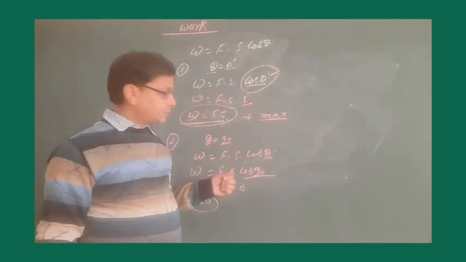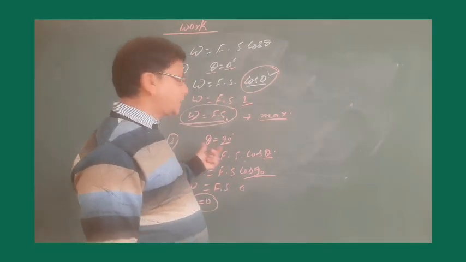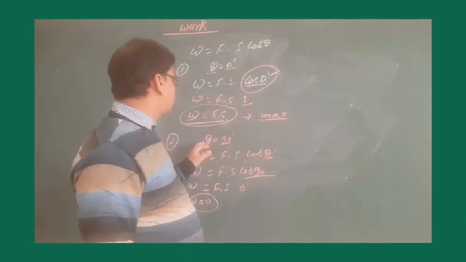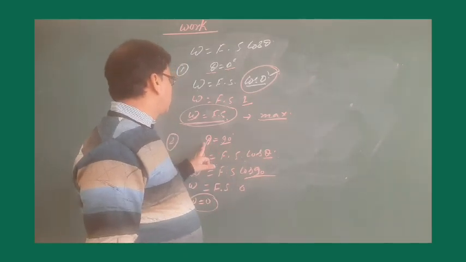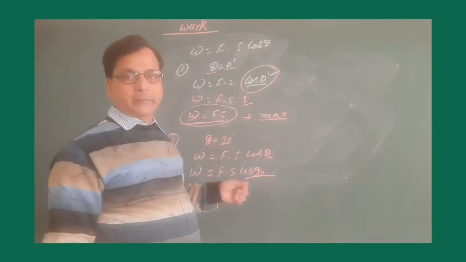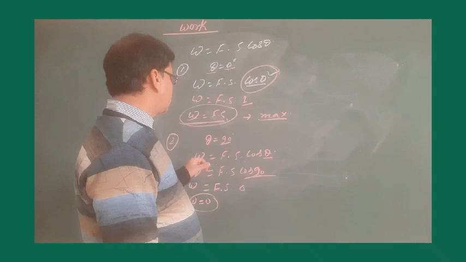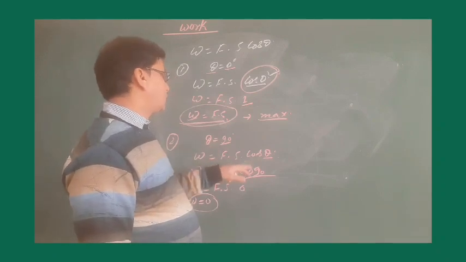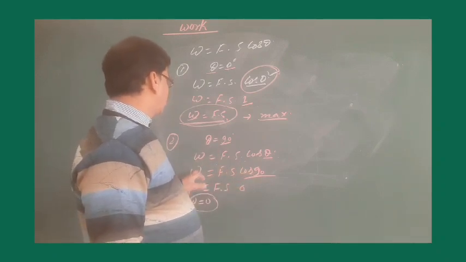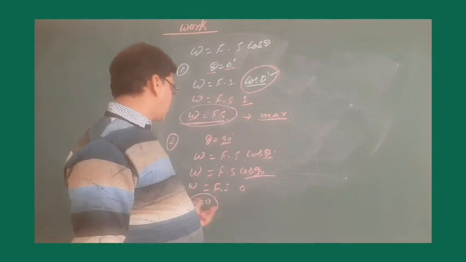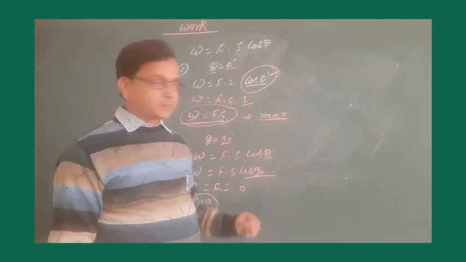Second case, when the force and displacement are perpendicular to each other, means theta, the angle between the force and displacement, is 90 degree. Then we know that the value of cos 90 equal to 0. Put the value of cos 90 equal to 0, that is the work done F into S into 0. The value of work done is 0.